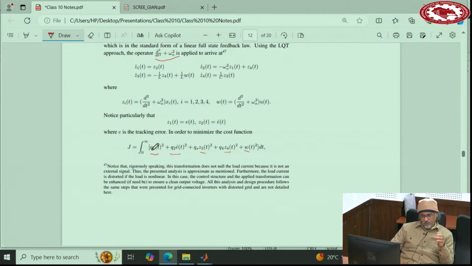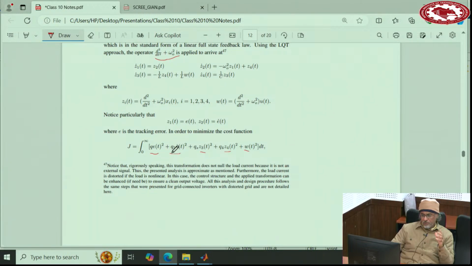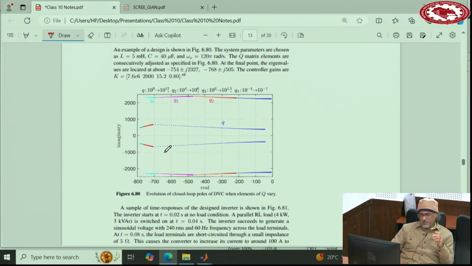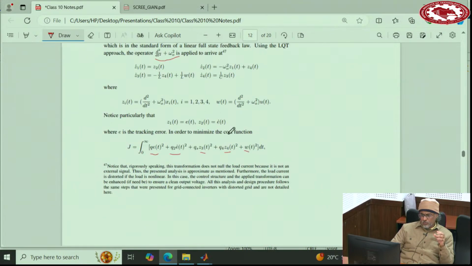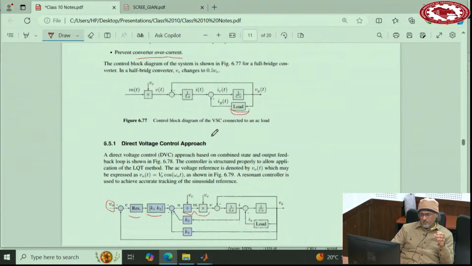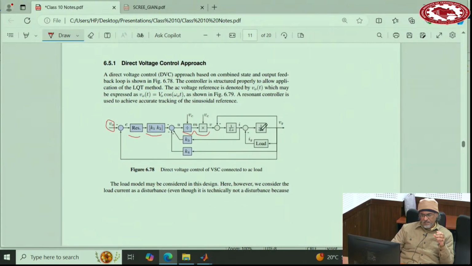So you can start with Q, increase Q, look at the poles, and then if need be, you can look at Q2, Q3, Q4. The picture that you get typically is something like that. Q will push these low frequency poles to the left, also a little bit of the high frequency. Depending on the values of L and C, normally L and C are not unnecessarily large because we don't want to spend unnecessarily much on them.